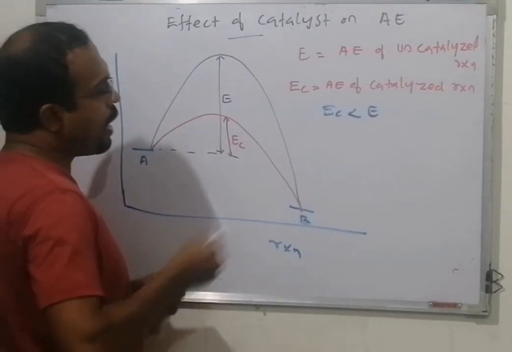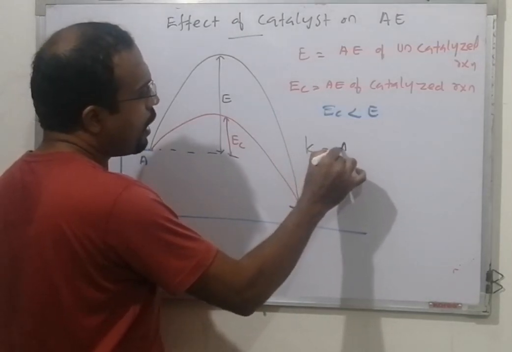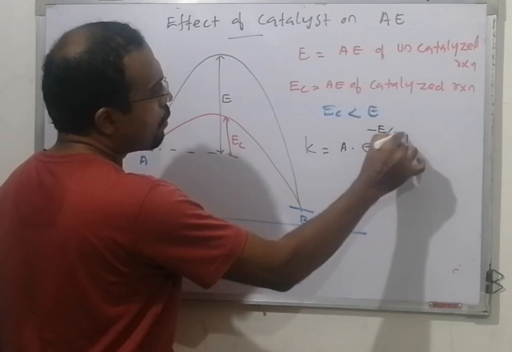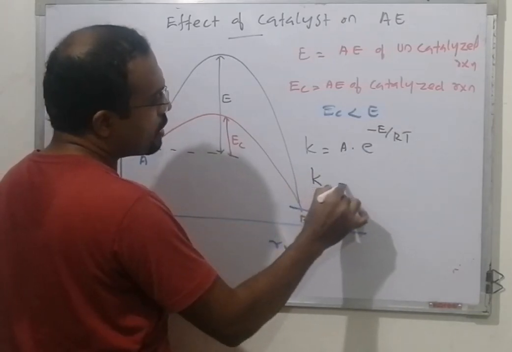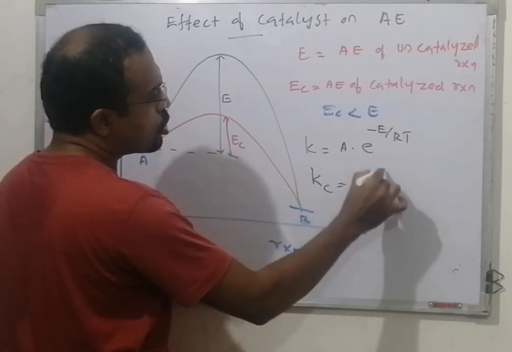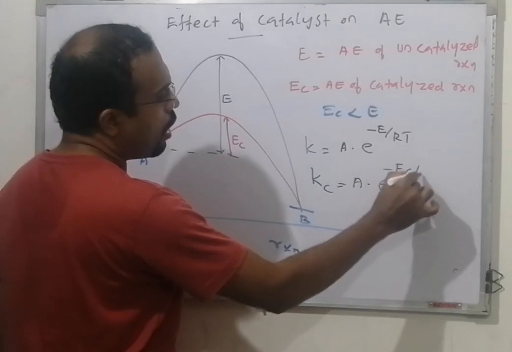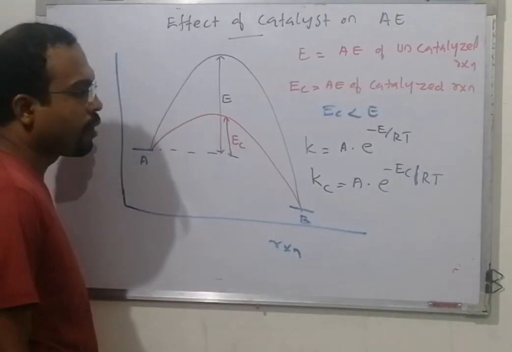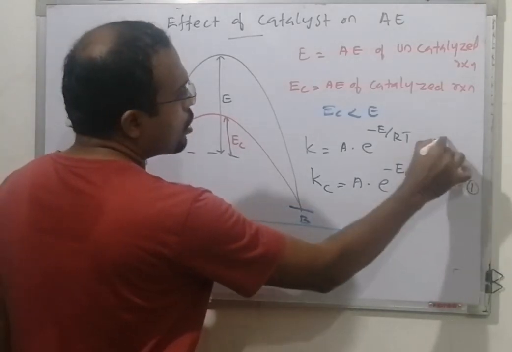Now, suppose K, rate constant, is A into e raised to minus E by RT. Rate constant of catalyzed reaction is equal to A into e raised to minus EC by RT. Equation number 1, equation number 2.